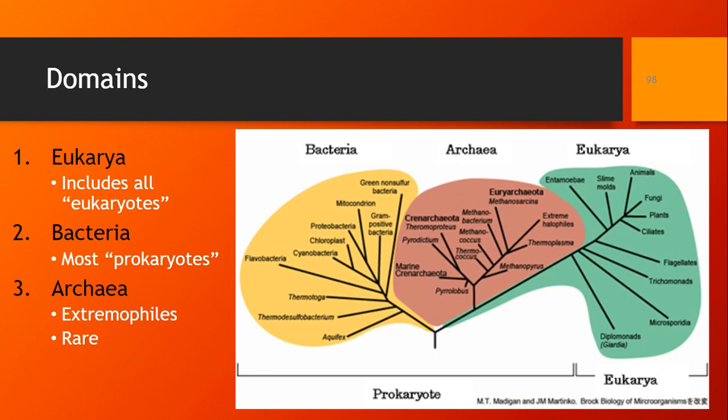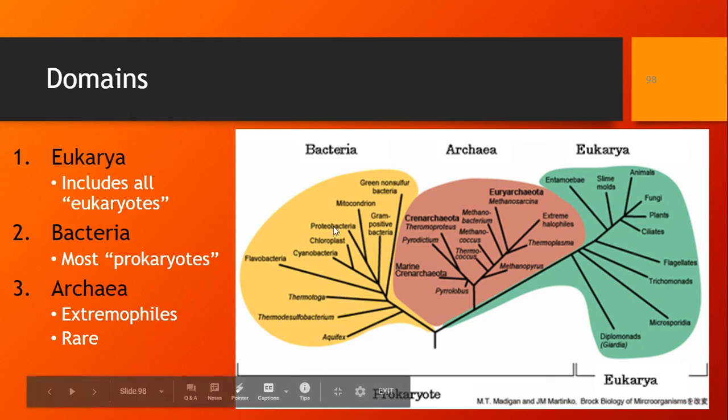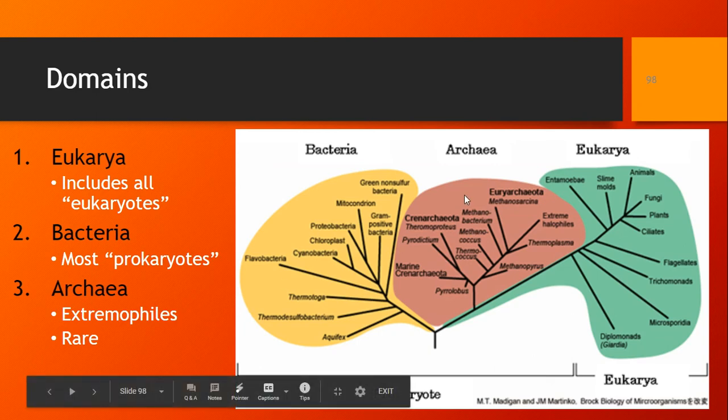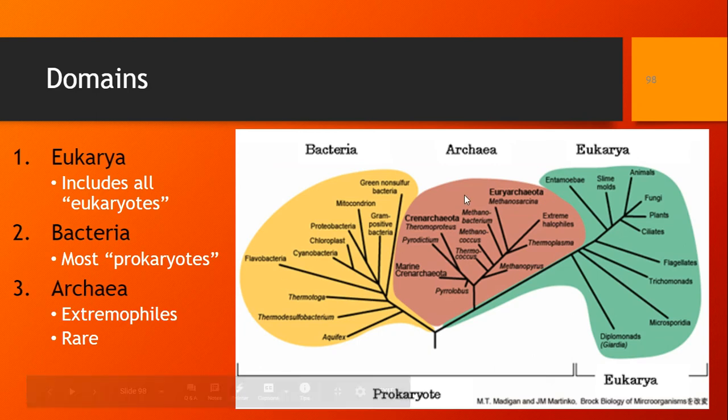So we have domains. These are the biggest part of taxonomy. Taxonomy meaning just grouping organisms. So we have bacteria, which includes every type of bacteria. We have archaea, which are usually pretty rare, and they're extremophiles, meaning these things live in crazy acidic environments, or they live in those thermal vents at the bottom of the ocean, or they live in super hot pools in Yellowstone, those kinds of things.